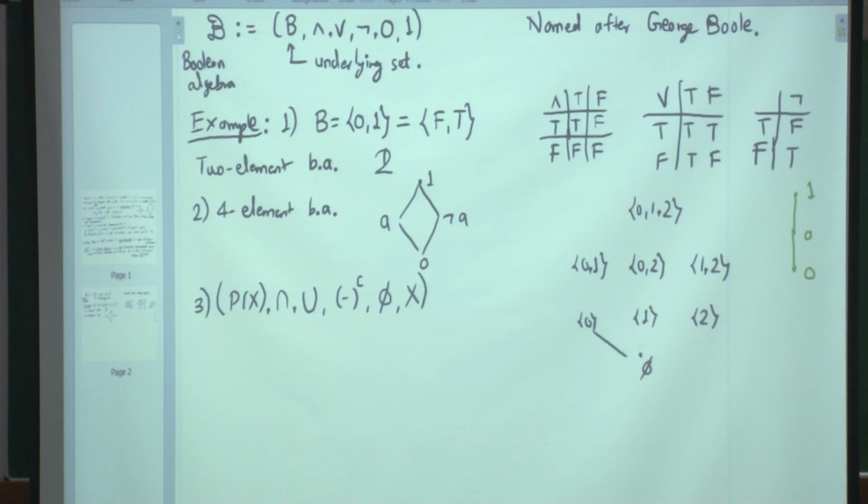Yeah, this is the Hasse diagram for this. This is our 8-element Boolean algebra. It is simply the power set of 3-element set.